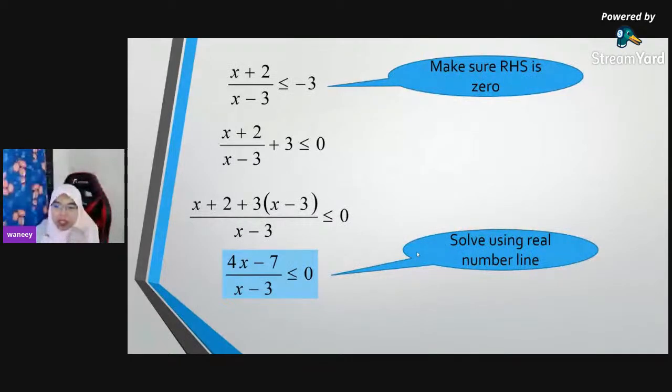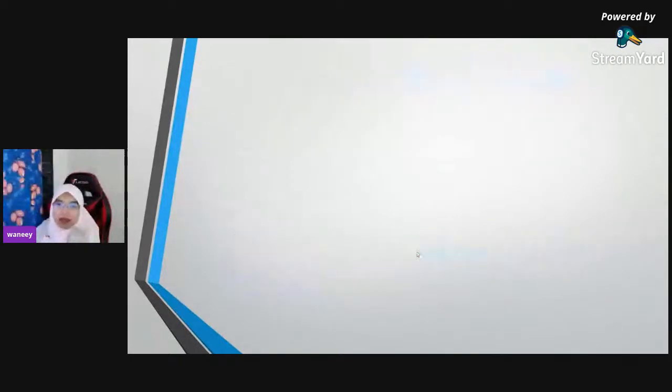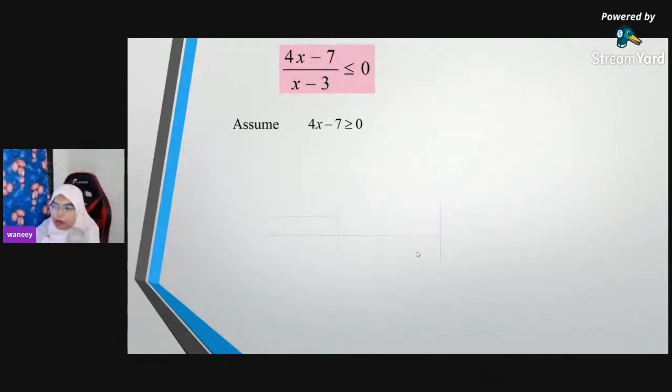Okay, so I'm using the real number line. Okay, so we are going to assume them to be greater than or equal to 0. So x will be greater than or equal to 7/4. However, for denominator, sekejap, kenapa tiba-tiba dia jadi 3x plus 1 pula ni.